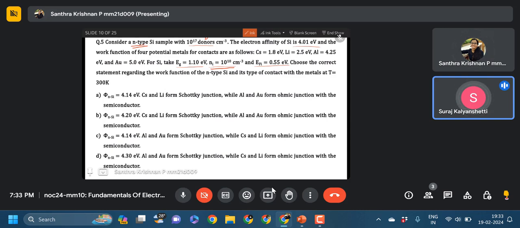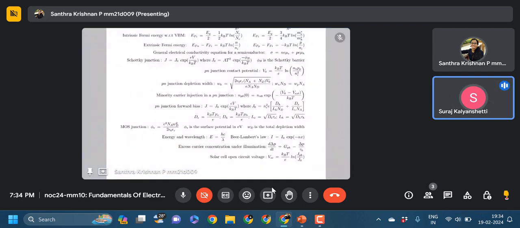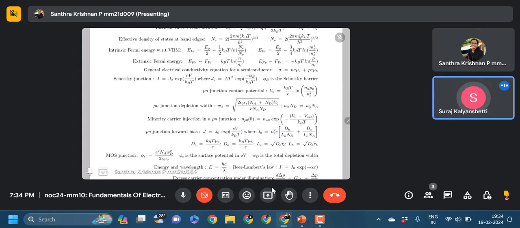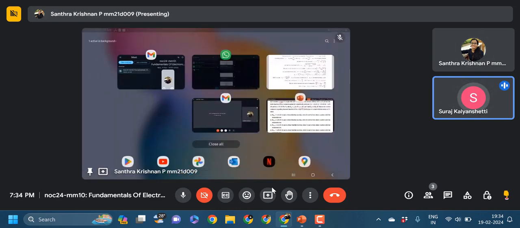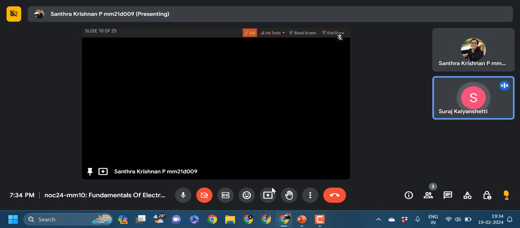Ni square is 10 raised to 10 the whole square, that is 10 raised to 20, divided by... Ni is directly in that equation, you don't need to do np. Okay, got it. EFN minus EFI is equal to KB T times the KB value. They'll give this value, right? KB value.